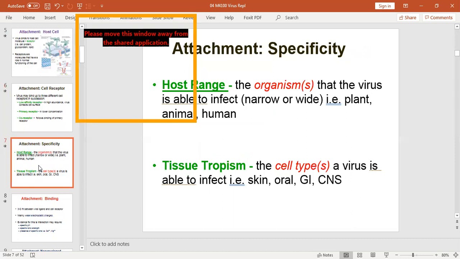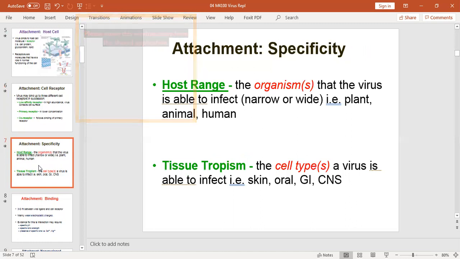Attachment of the virus is very specific. The specificity of the attachment is discussed in slide number 7. In this respect, we talk about 2 concepts. One is host range, and the other one is tissue tropism.